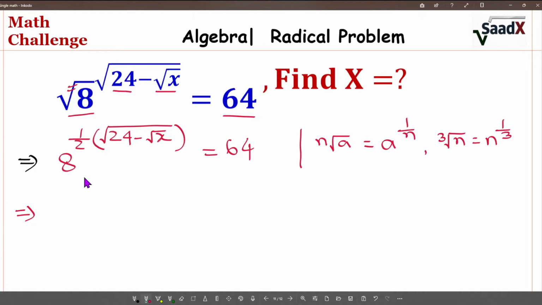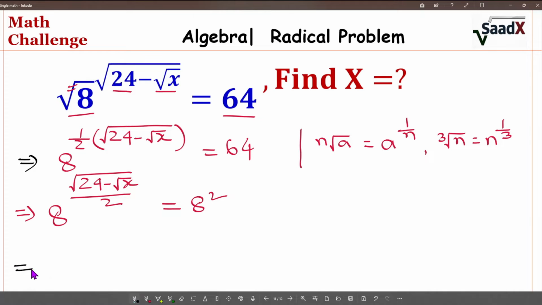Now this 8 will be unchanged and we can write this one root 24 minus root x by 2 equals this 64, we can write 8 square. Okay.